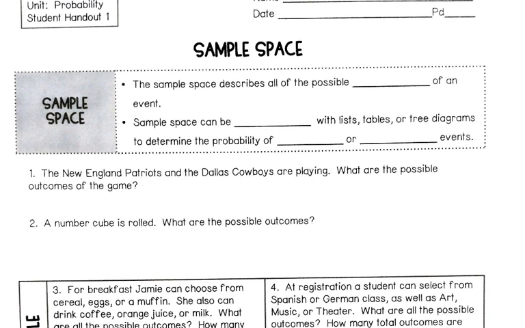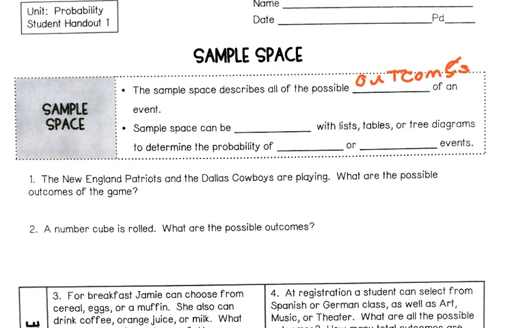So we said the sample space describes all of the possible outcomes of an event. Sample space can be shown or displayed, however you want to say it, with lists, tables, or tree diagrams.